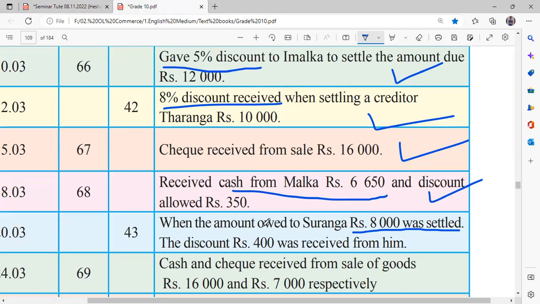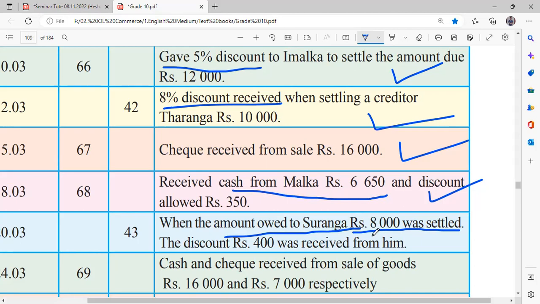When the amount owed to Suranga 8,000 was settled, which means the amount owed to Suranga 8,000. So we have received 400 worth of cash discount, which means this is discount receipt. So we paid after deducting 400, which means we paid only 7,600, not the 8,000, right?